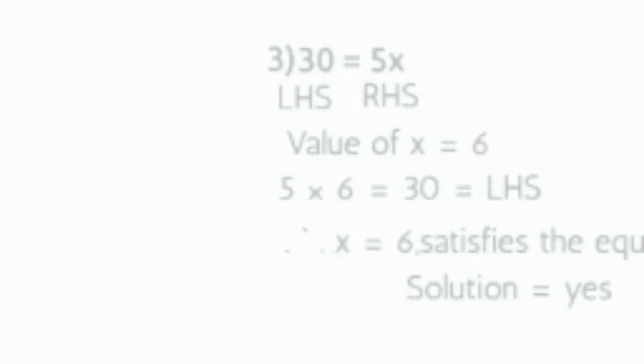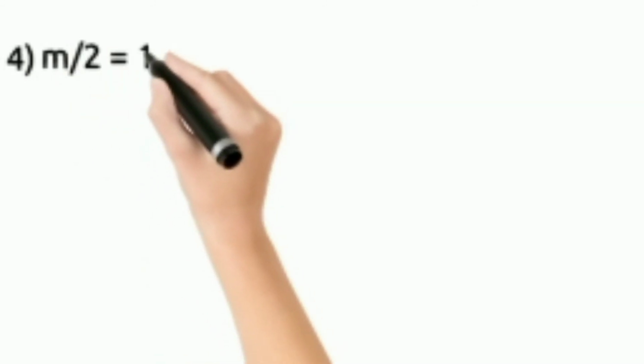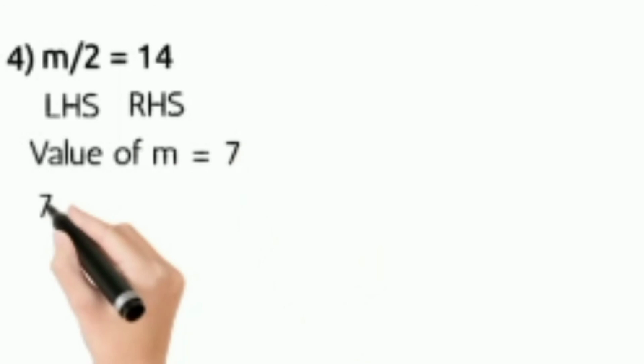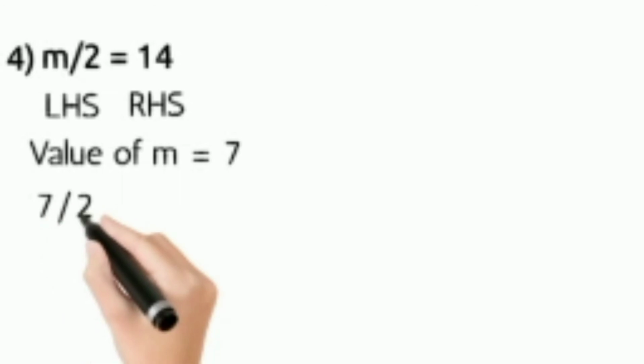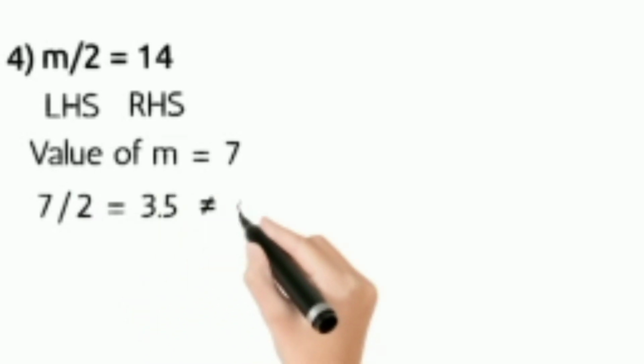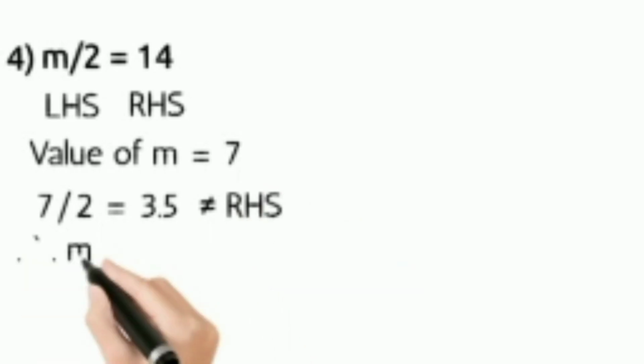Look at the fourth question. m upon 2 is equal to 40. The value of m given is 7. Let us take the left hand side, m upon 2. Now in place of m, put 7. So 7 upon 2 is 3.5, which is not equal to the right hand side 40.